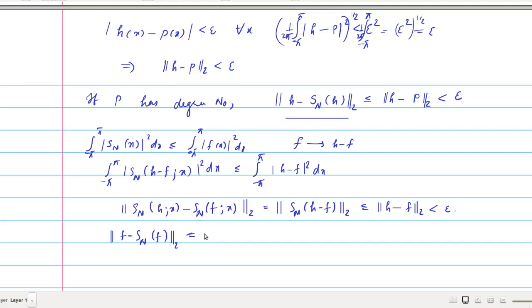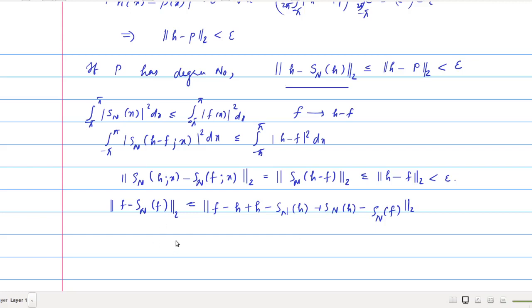First of all, we can insert some terms: f minus, we first write h, then we insert h, then we insert Sn h. Then we can insert these terms into this norm, and using the triangle inequality, we can write it as the 2-norm of f minus h, plus the 2-norm of h minus Sn of h, plus the last one, the 2-norm of Sn h minus Sn f.